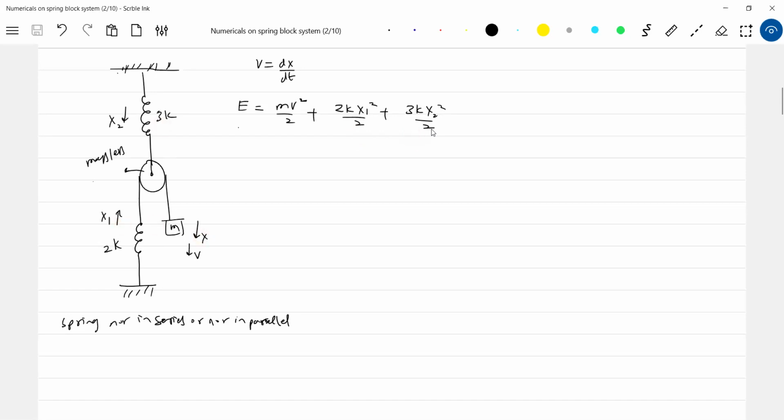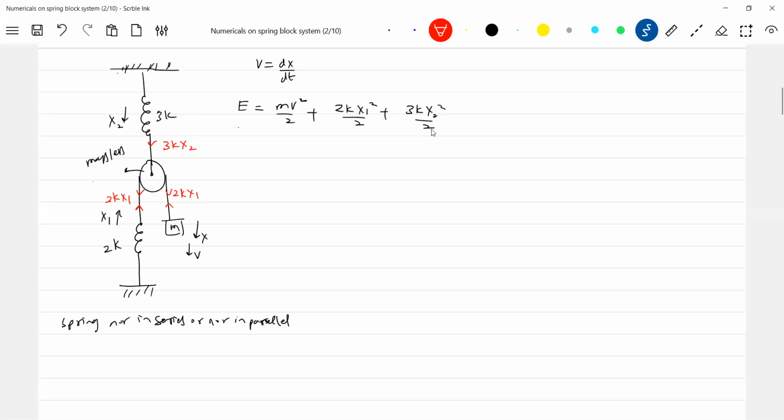I'll go for the spring forces that are acting. Here, how much spring force will act? 2k x1. Then how much spring force here? 3k x2. As the pulley is light, the spring force acting on both sides should be the same.